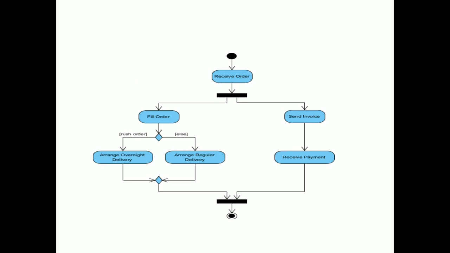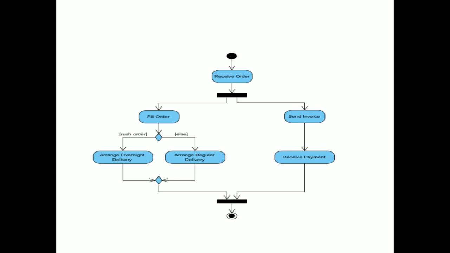Now here you can see another swimlane diagram. Here is start, receive order, then fork is there, then fill order and send invoice as parallel operations, then condition checking after fill order, yes or no. If rush is there, rush order, then arrange overnight delivery, and if not, then arrange regular delivery.